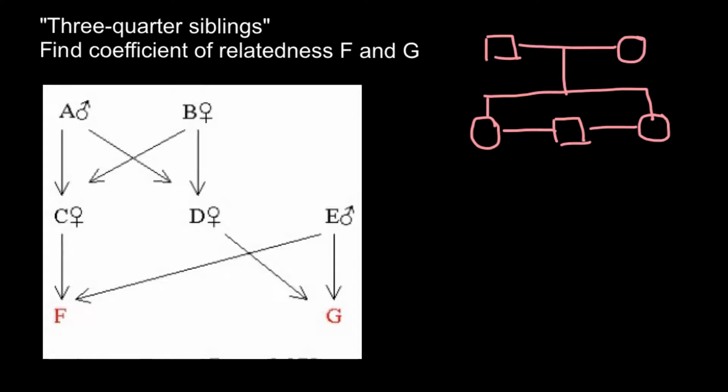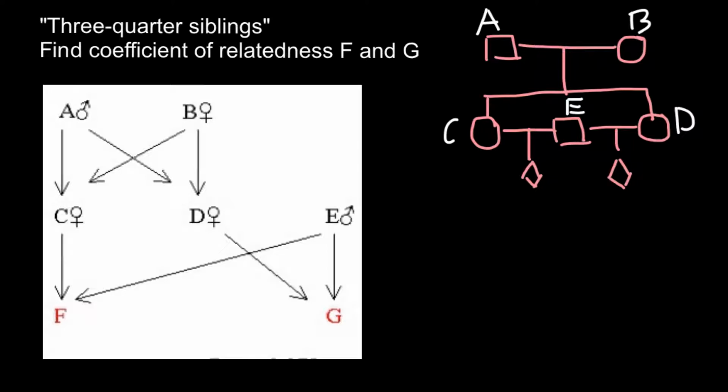So probably first one of the sisters marries this guy, and then the other sister, and in the first marriage they had a child. Sex is not important here, and in the second marriage they also had a child, and for our calculations sex is not important at all. So this is individual A, this is individual B, this is individual C, D, and E.